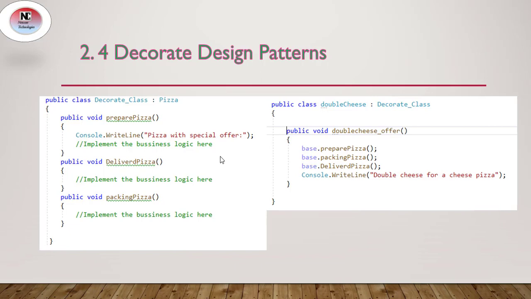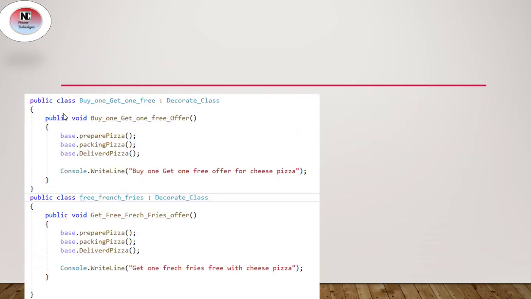Now I have a few offers or services which extend the selling of pizza. So I have created double cheese pizza which inherits the decorator class. Also I have buy one get one pizza which has a decorator class which creates its own methods. The same way we also have French fries pizza which also inherits the decorator class and implements this information.